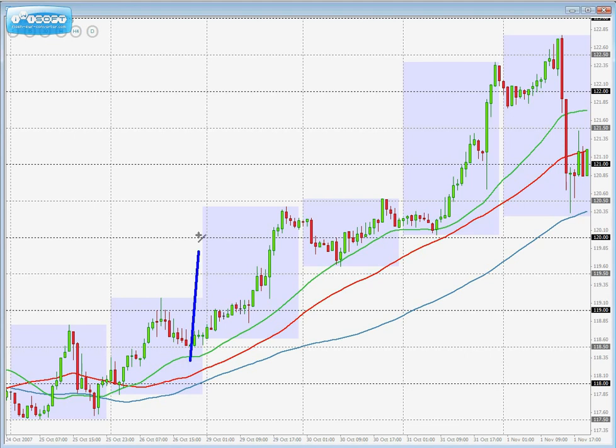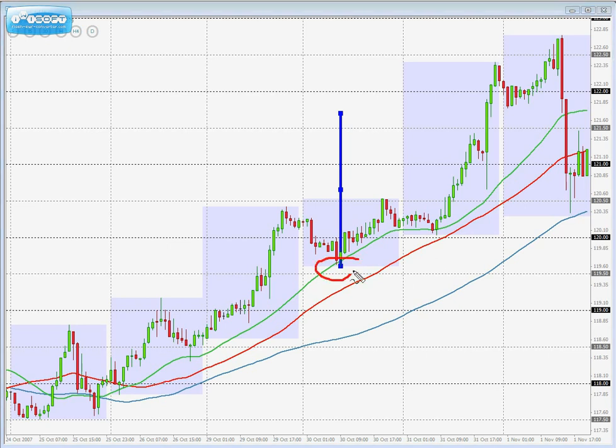As usual, we measure the total distance from the beginning of the previous swing all the way up to the top of the swing. We have our blue segment, and then we add it to the tip of the retracement, this being the retracement, this area marked right now.